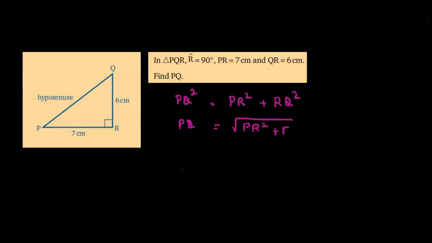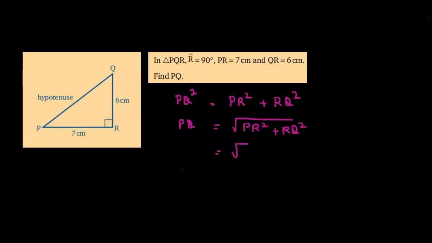So we could state using Pythagoras' theorem that PQ squared is equal to the sum of the squares of the other two sides. So that's the sum of PR squared plus RQ squared. So we can say PQ is equal to the square root of PR squared plus RQ squared.